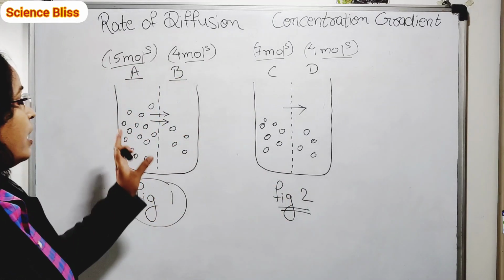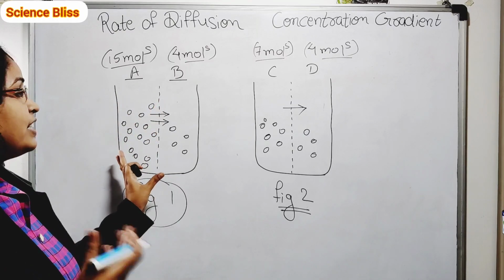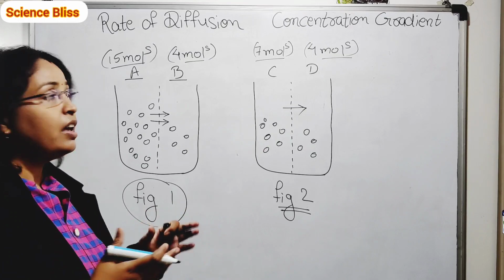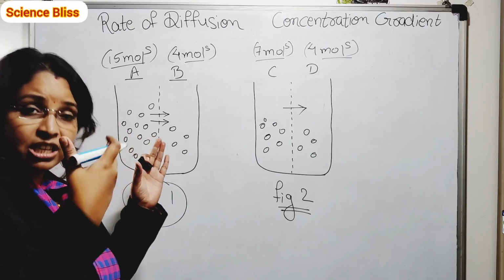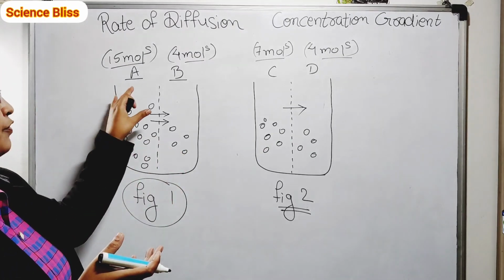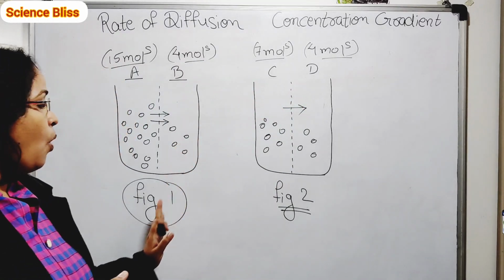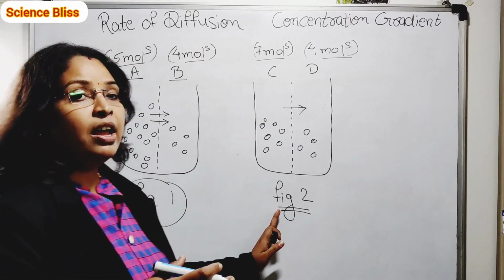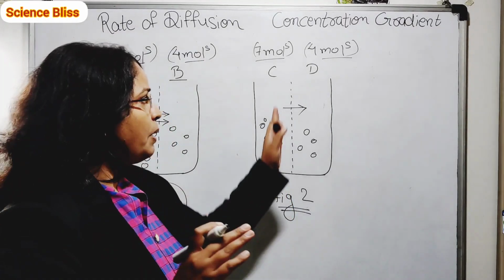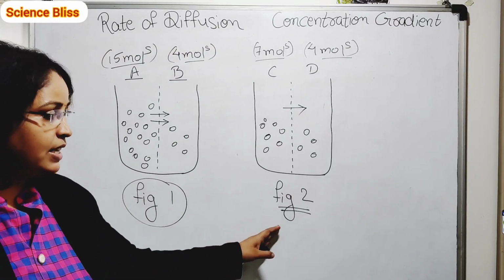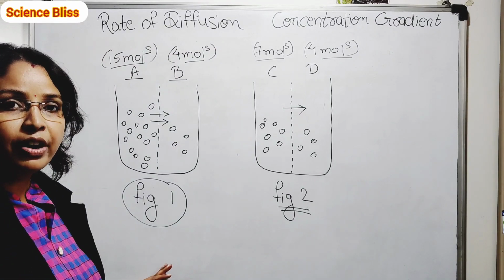As we can see, there is a greater concentration gradient. Over here, there is a greater difference between the concentrations of side A and side B. Whereas if we compare it with figure 1, figure 2 is having a lesser difference between side C and side D. The concentration difference is less in figure 2 as compared to figure 1.